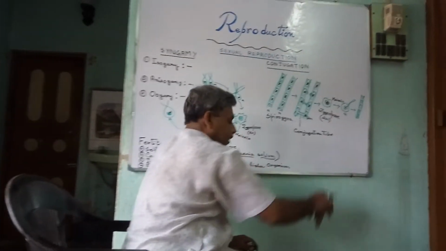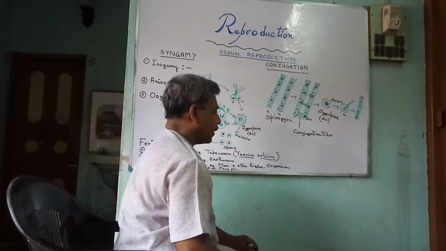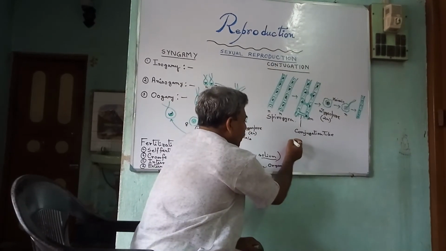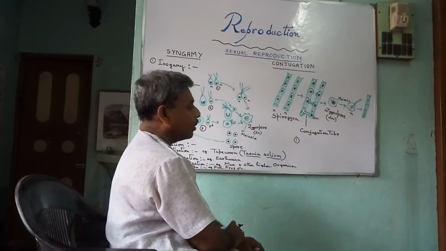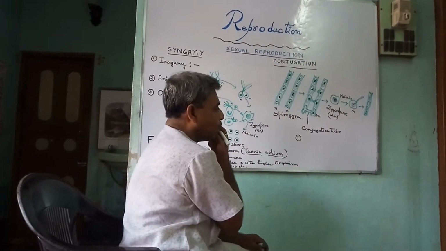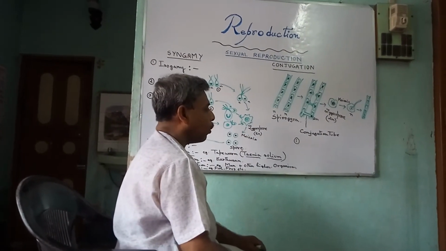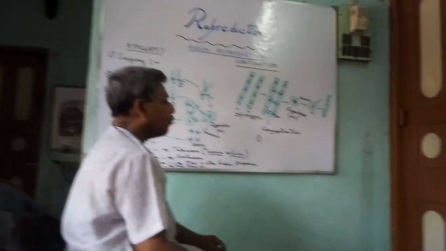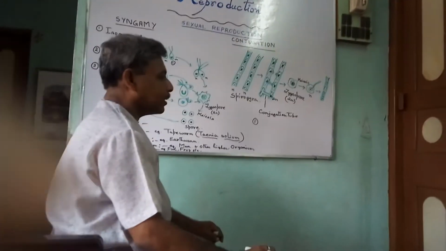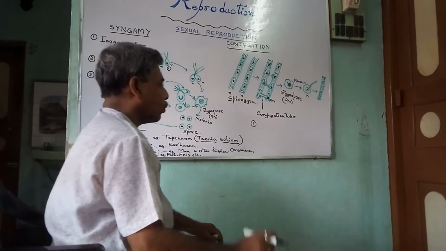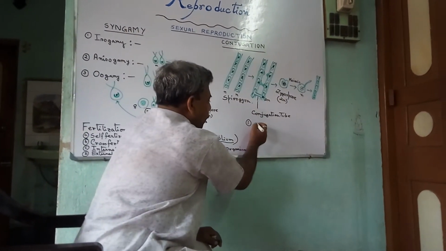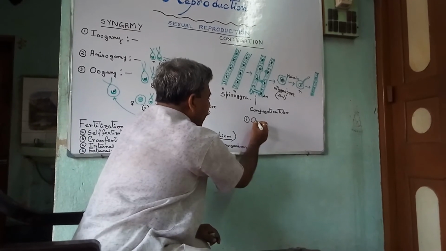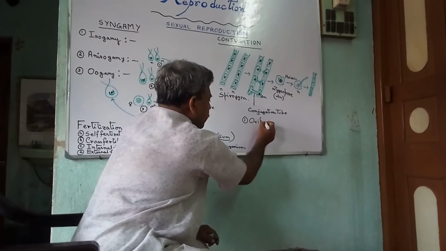So there are three types of individuals depending on the growth of the embryo, either dependently or independently. Whether it is developing directly from egg or not, the type of individuals are of three types: oviparous fertilization or oviparous individual.